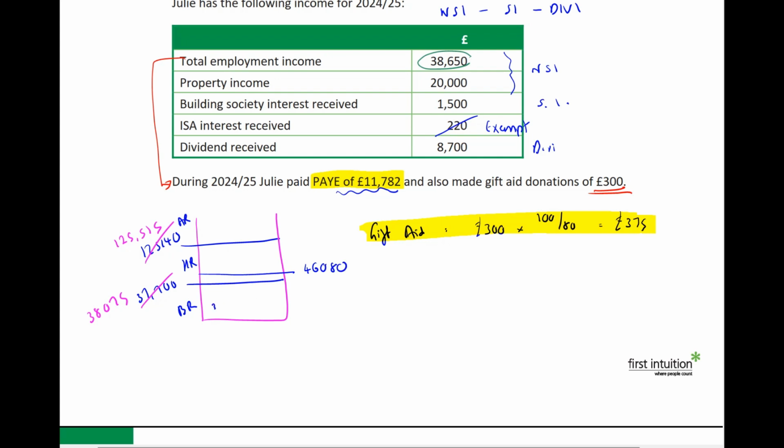Well, 38,075 of it would be down here, so at the basic rate of 20%. And then the difference between the 38,075 and the 46,080, the next £8,005, would be at the higher rate of 40%.